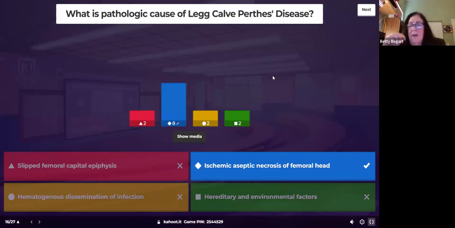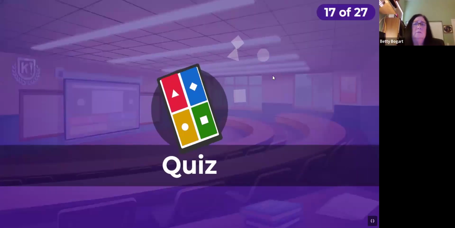It's an ischemic aseptic necrosis, which means it's not an infection. All of a sudden, blood supply doesn't go there. We don't know why. And that's what Legg-Calvé-Perthes disease is. Treatment: bed rest, good diet, high protein, maybe Buck's traction, right? NSAIDs for pain.